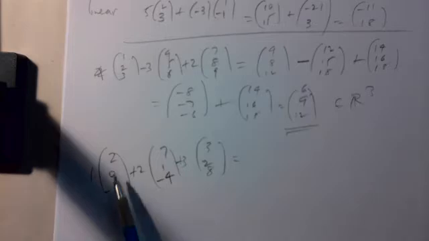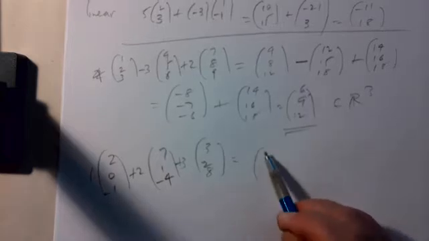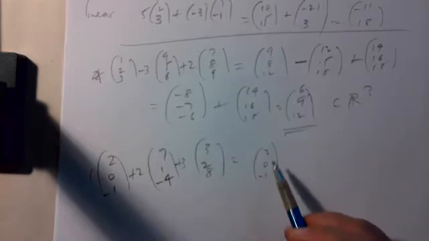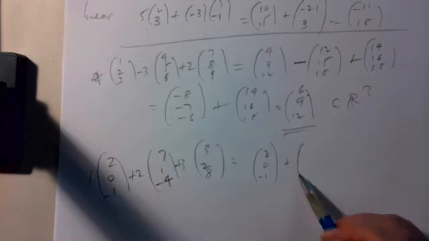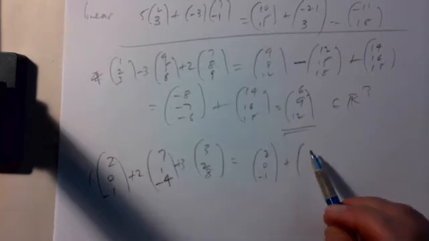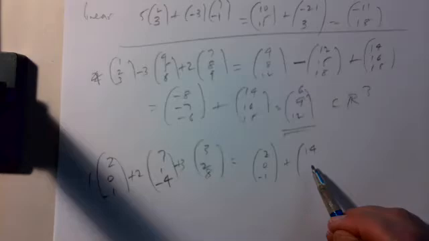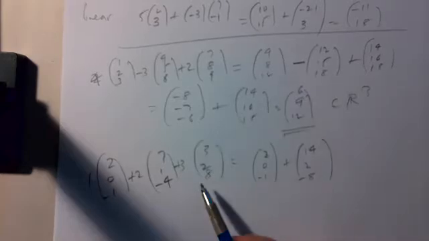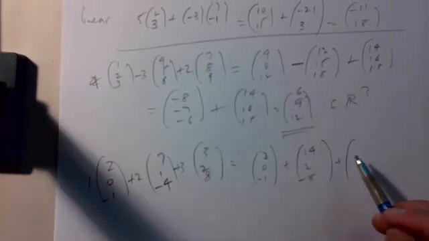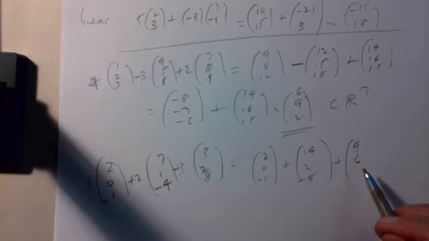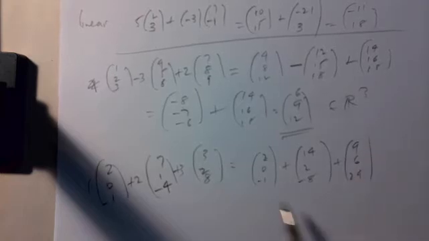What's 1 times the vector 2, 0, minus 1? It's just 2, 0, minus 1. What's 2 times this vector? 14. Just multiply every coordinate by 2. What's 3 times this? Multiply every coordinate by 3. 9, 6, 24.